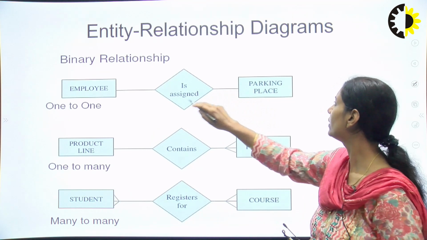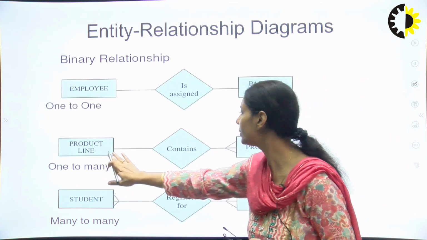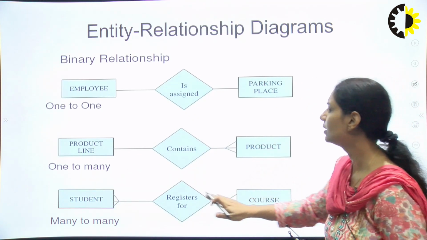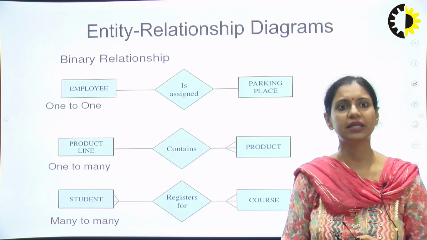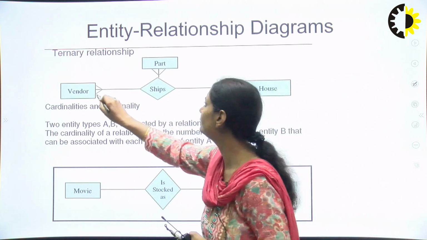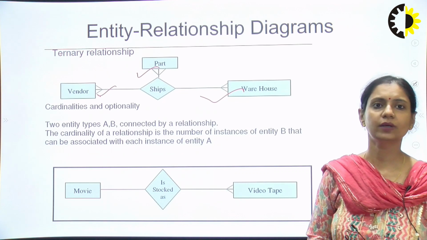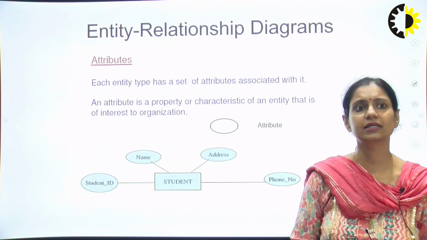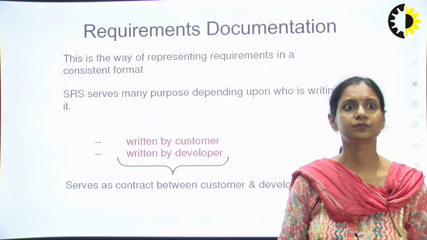One to one could be one employee related to a parking place, whereas in one to many, a product line can be related to a lot of products. Many students can register for many courses. Similarly, ternary, where we have three entities rather than one or two. So attributes we already discussed. These are the characteristics of the entities.